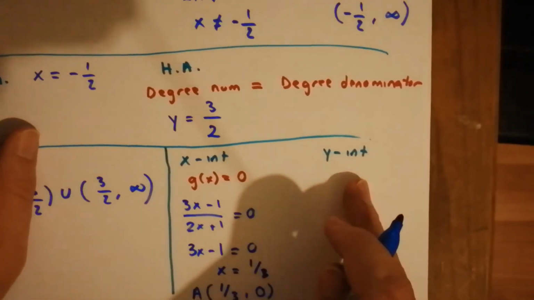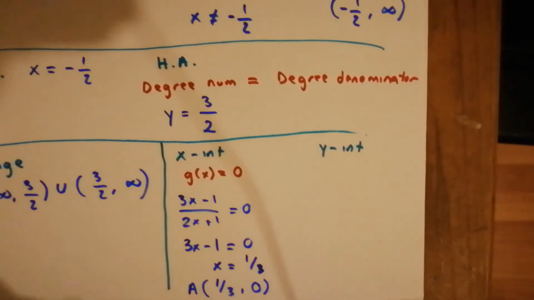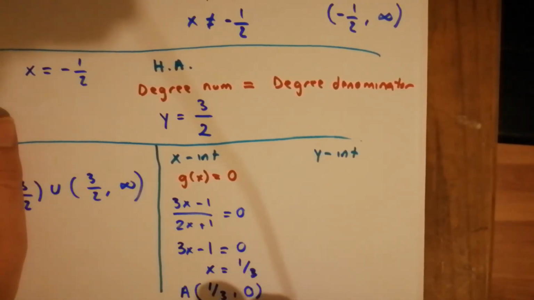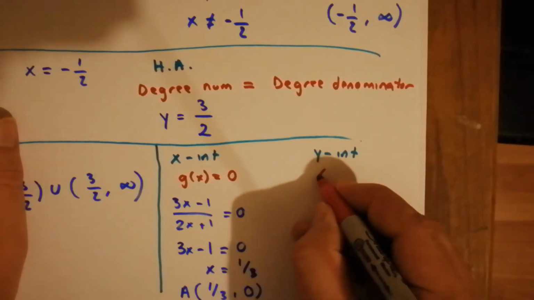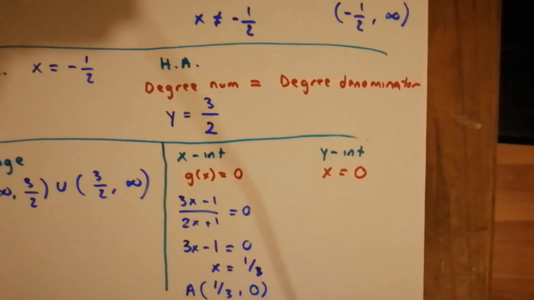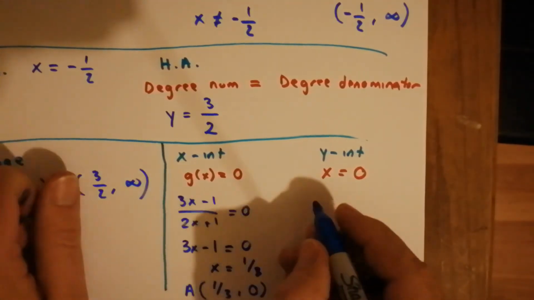For the y-intercept, again, question: how do I get the y-intercept? Very good. We put x equal to 0. So that means that I'm going to evaluate every x with 0.